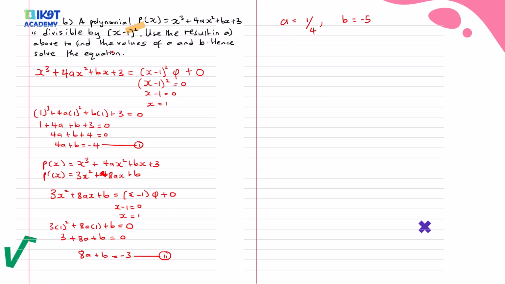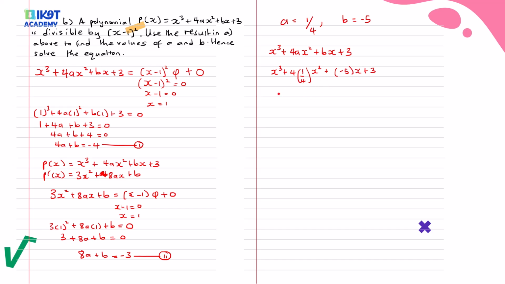But the question says find the values of a and b, hence solve the equation. So we have not yet finished. Our equation is x cubed plus 4a x squared plus bx plus 3. So we substitute: x cubed plus 4 times a quarter, x squared plus negative 5x plus 3.